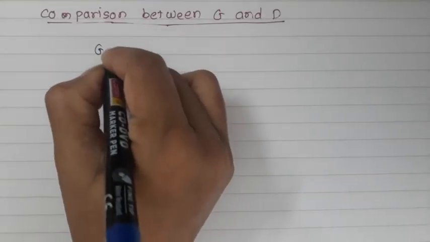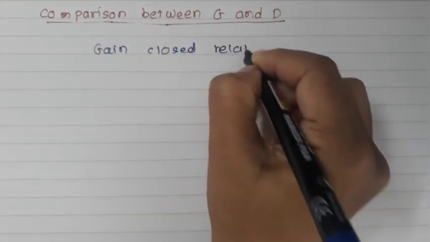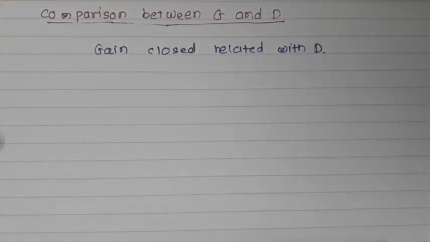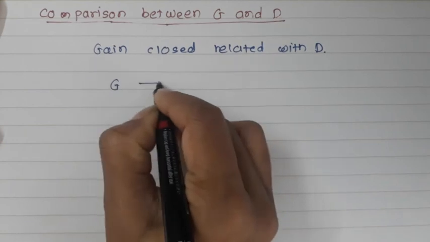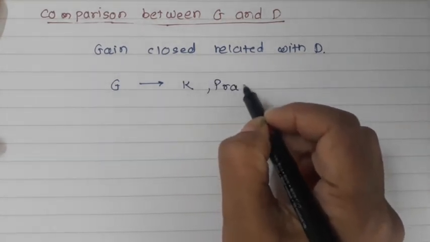Now let us talk about the comparison between G and D. Though the gain of the antenna is closely related to the directivity, the term gain takes into account the efficiency of the antenna as well as the directional capability, which is decided by the radiated power.